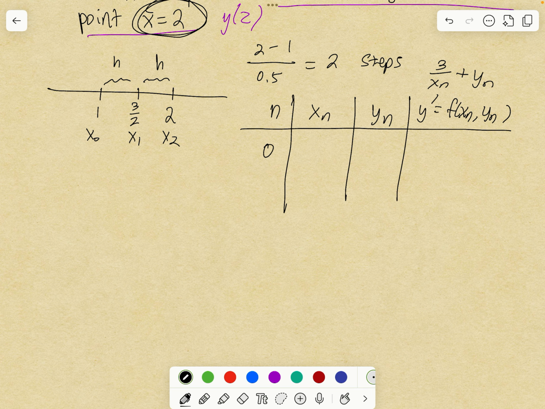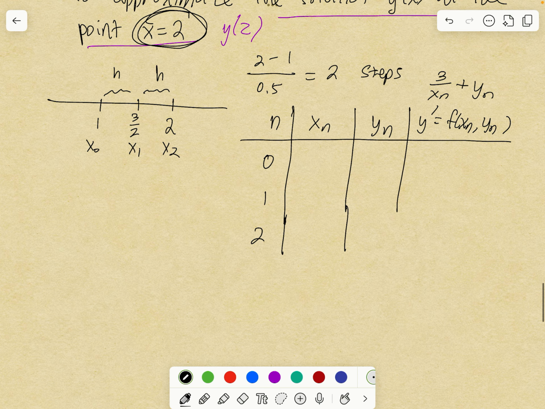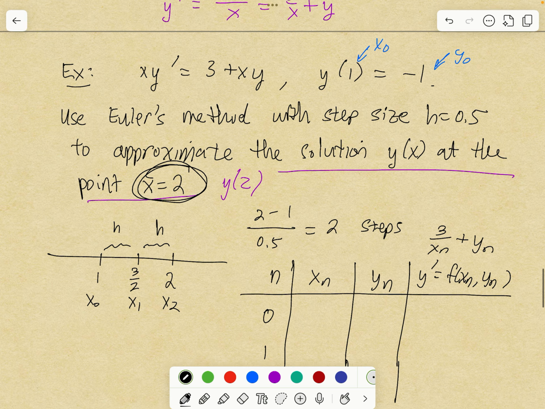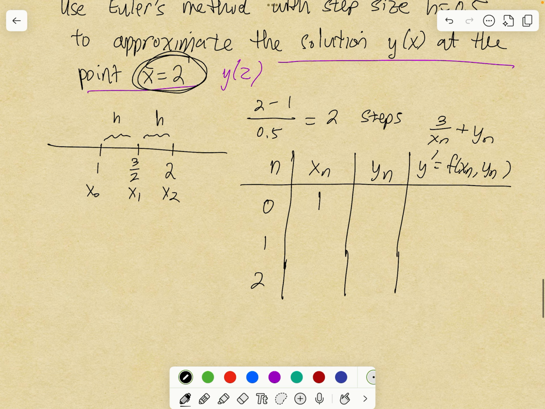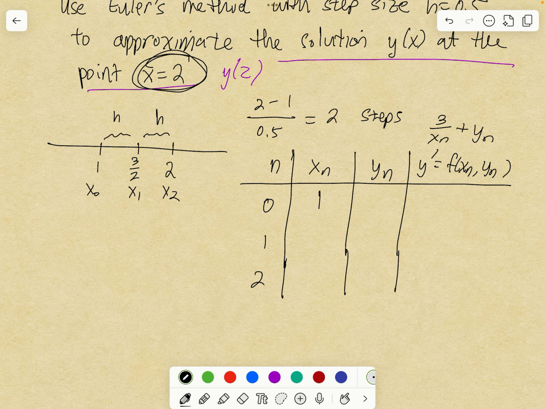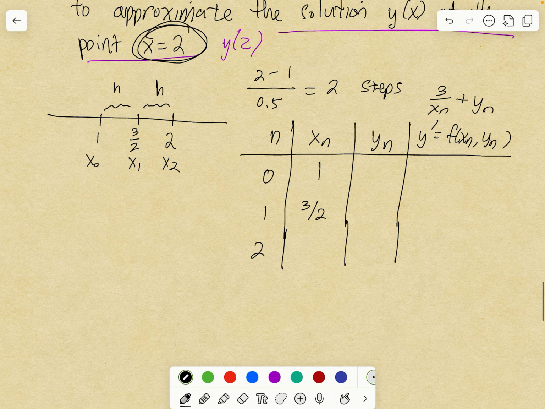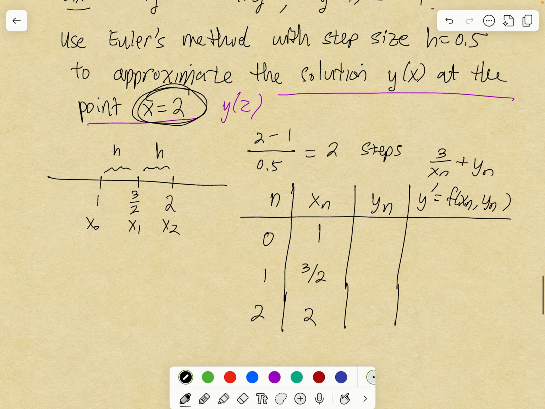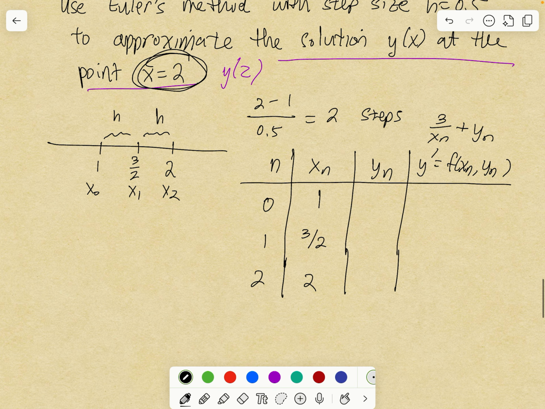We're going to take 2 steps, so we have n going from 0 to 2. Our x0 we're given is 1. And then our step size is h, which is 0.5. So in one step, we're at 1 plus a half, which is 3 over 2. And when you take another step, 3 over 2 plus a half makes 2. And our y0 is negative 1. That's given in the problem.